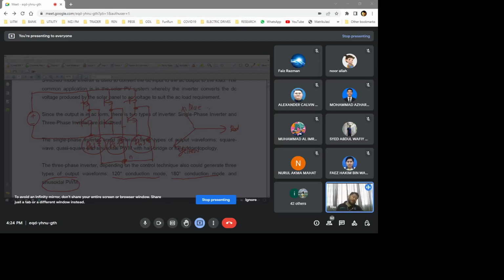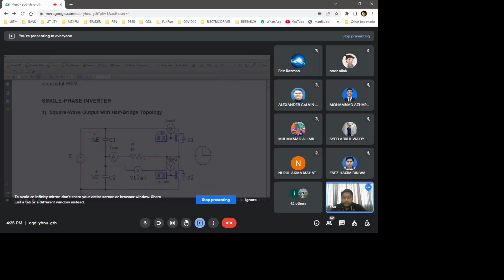It is always the red, yellow, blue phasor diagram. Okay, any questions? I'm just going to give you an overview. The rest of the detail on the circuits will be discussed in the video. So this is single phase inverter.